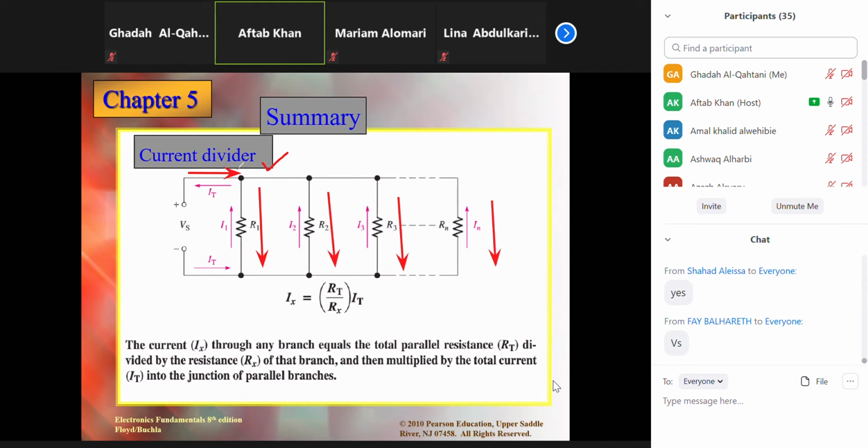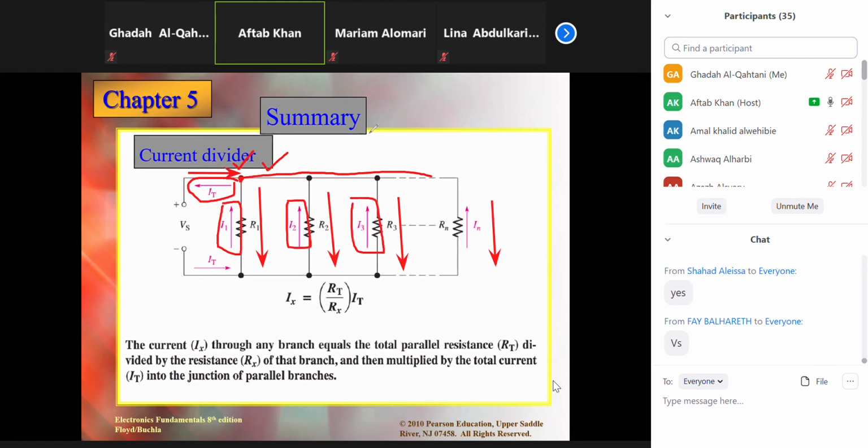See, if you look, this is incoming, coming towards the node, and the others are going outward. So always, if the total current is coming in, the others will be going out. If you consider that the total current is going away, the others will be coming towards the node. So this is actually the change. It's up to you, which assumption you use.